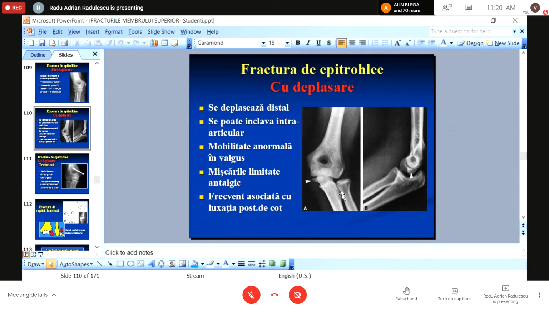In these situations, we need to get the fragment out of the joint and fix it in order to restore the function of the elbow joint. Also, we have an abnormal mobility of the elbow, making it possible to mobilize the elbow in valgus and varus position, which is not normally possible.